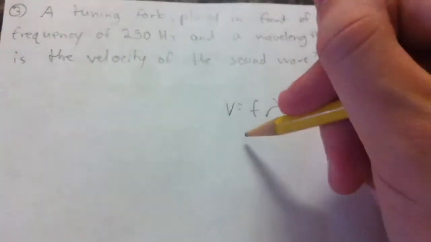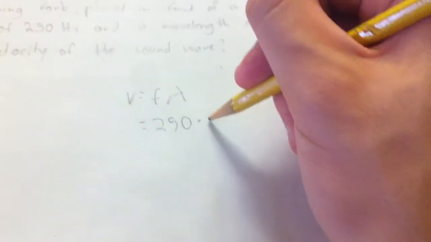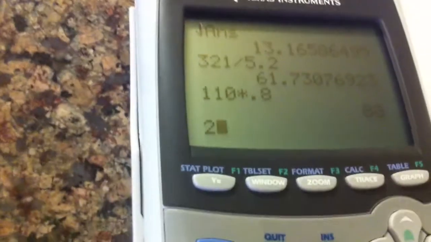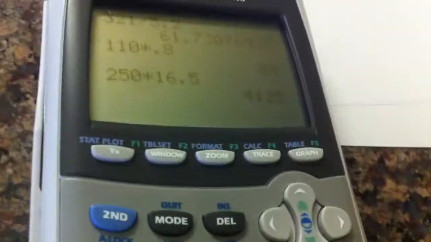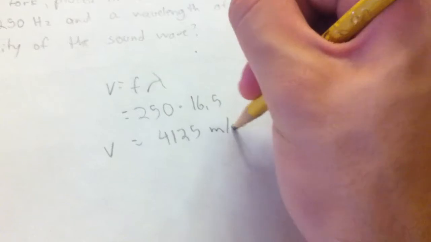We have the frequency is 250 Hz, and lambda is 16.5. So, I'm going to multiply those two values together, 250 times 16.5, and I get 4,125 meters per second.